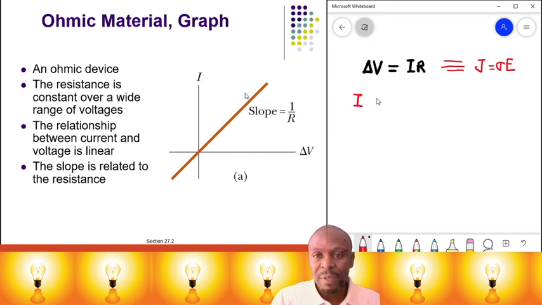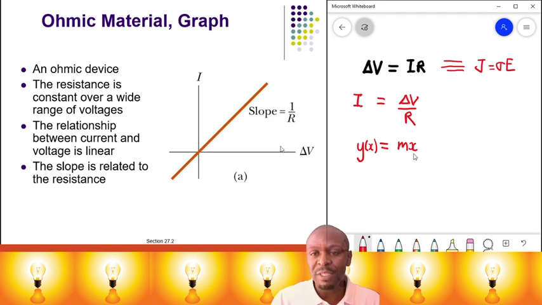I is equal to change in V divided by R. Now, if you plot I on the y-axis and change in V on the x-axis, this is just equivalent to a straight line graph. That is y as a function of x. Of course, y as a function of x is just mx, and we don't have c because this graph is passing through the origin.